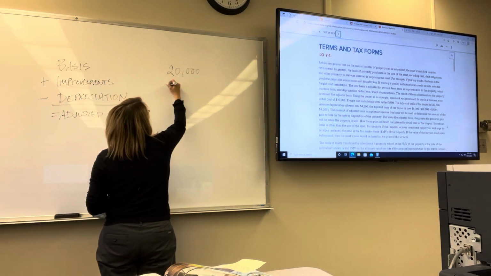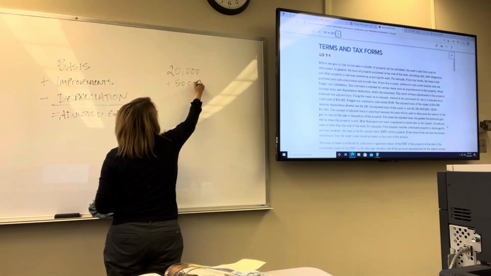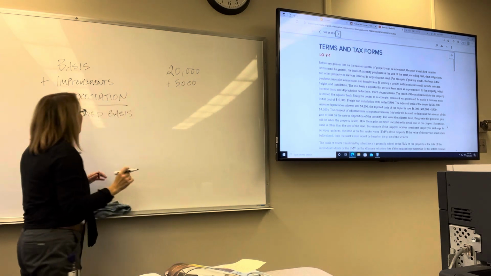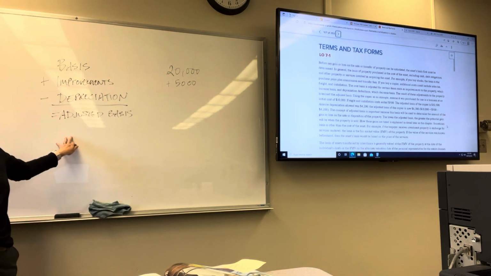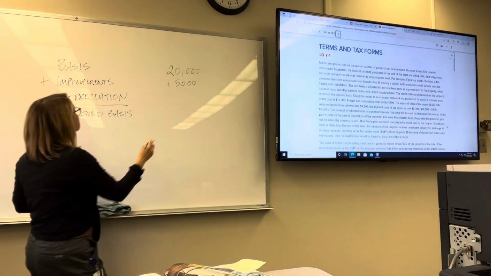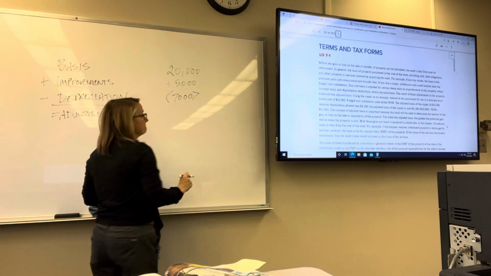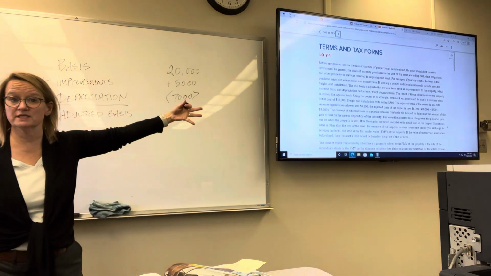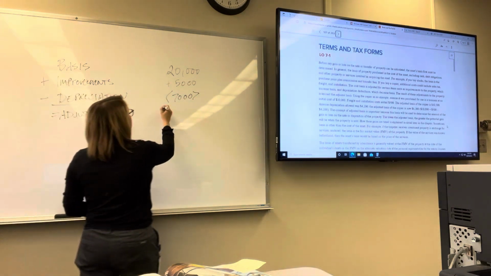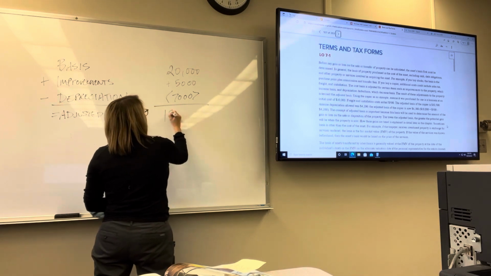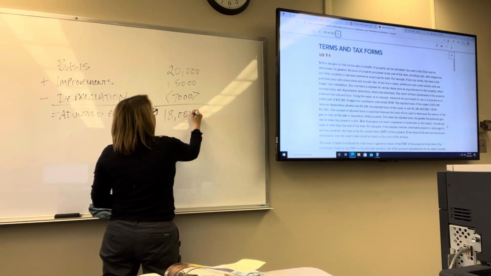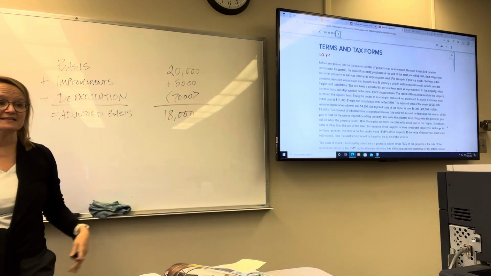So we had some improvements, $5,000 a few years ago. And then we've taken depreciation on this piece of equipment of $7,000, using the calculations we did in the last chapter. Our adjusted basis for this piece of equipment is now $18,000.